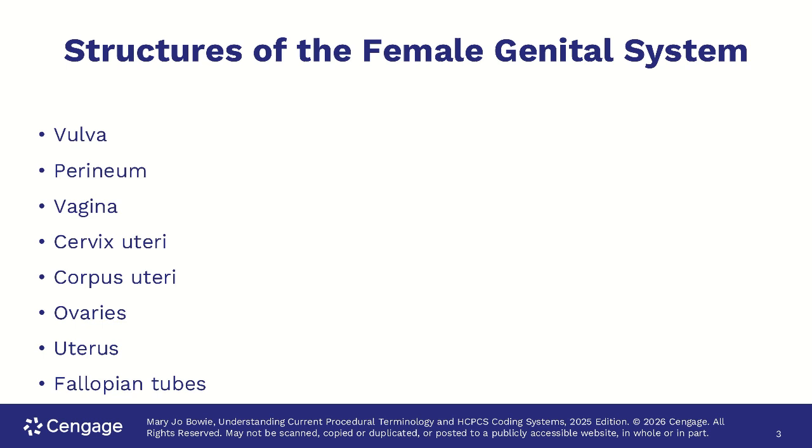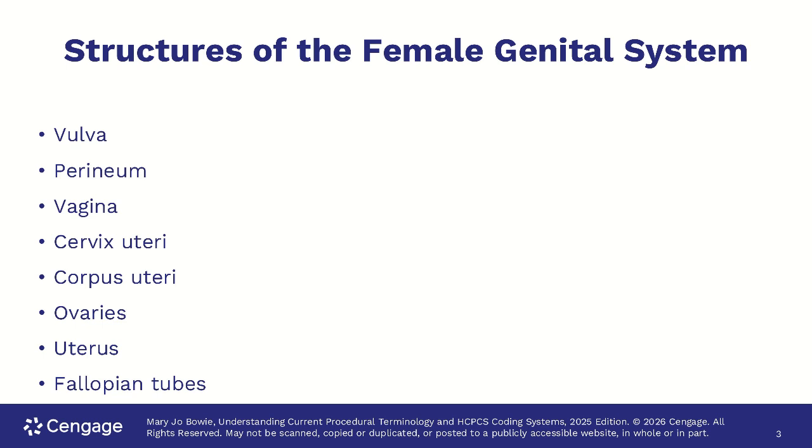So, the structures of the female genital system include the vulva, and vulva is actually an inclusive term used to describe the external genitalia of the female body part. Then you have the perineum.